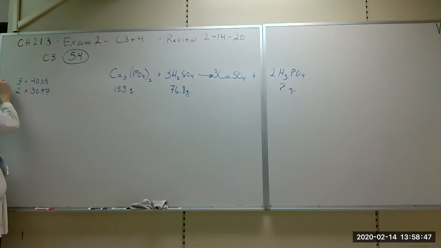So this is our calciums, this is our phosphorus. How many oxygens do we have? 8 times 16. Add them together, and we can get a molar mass for calcium phosphate. 3 times 40.08, 2 times 30.97, and then 8 times 16.